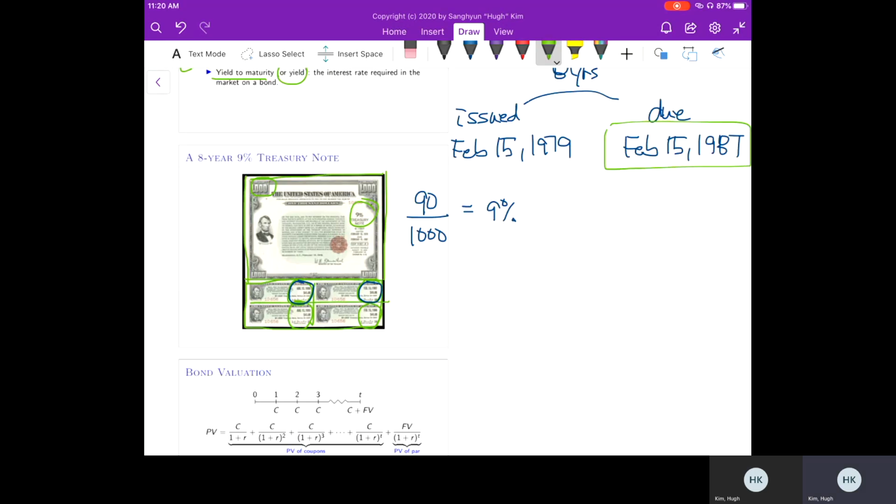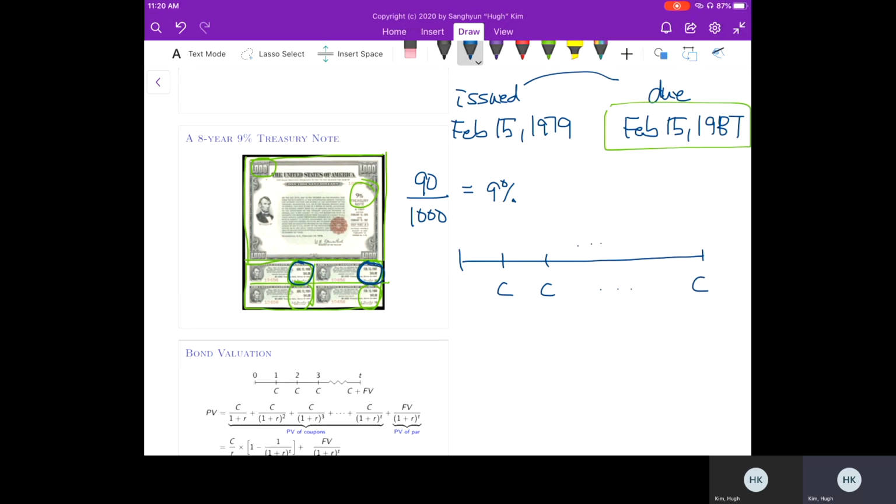So how do we value a bond? We must understand the cash flows the bond typically generates. The bond makes periodic interest payments, which are the coupons. In this example, the coupon is $45.